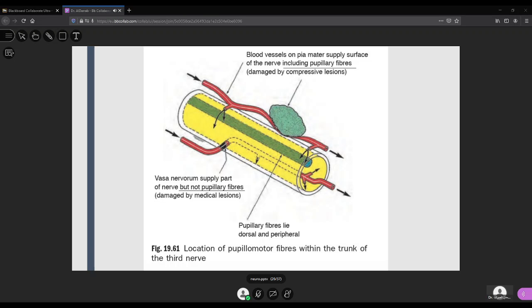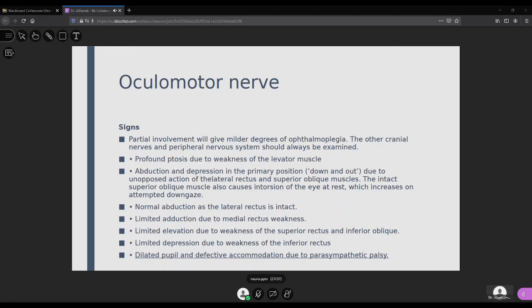This will be damaged by medical lesions. So if we have diabetes or hypertension, it will cause only damage here. So it will cause only motor defect, no pupil. The pupil will be spared. However, if we have aneurysm or tumors, this will compress the whole nerve, especially the superficial fibers that supply the pupil, so it will cause pupil involvement.